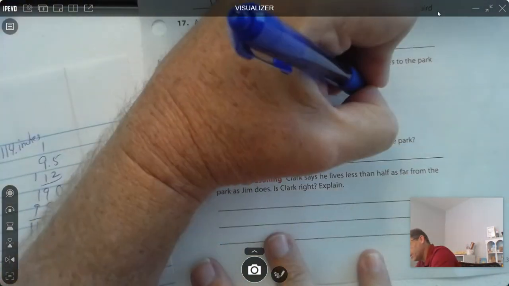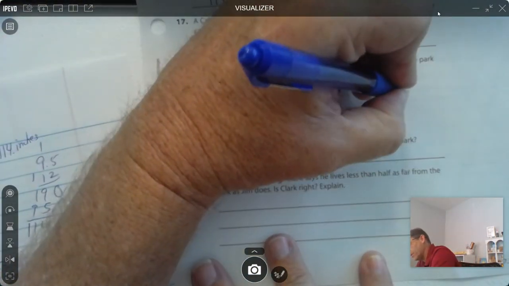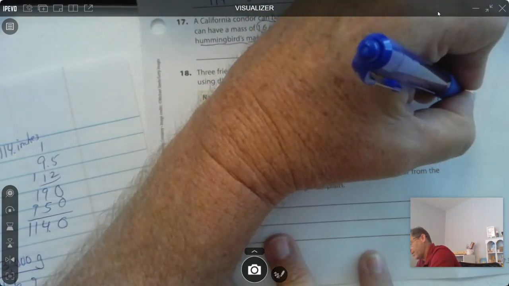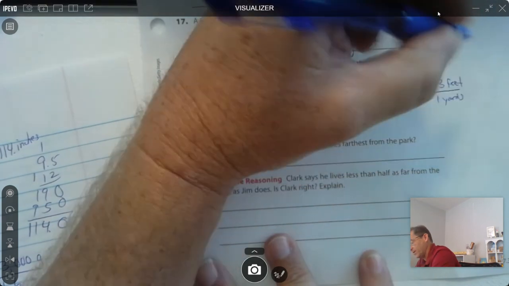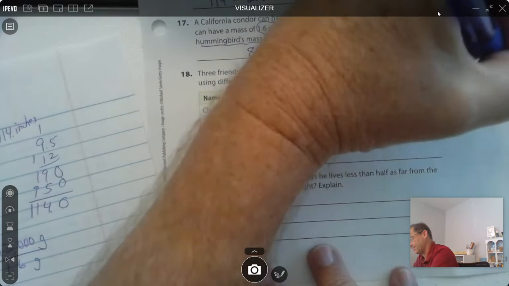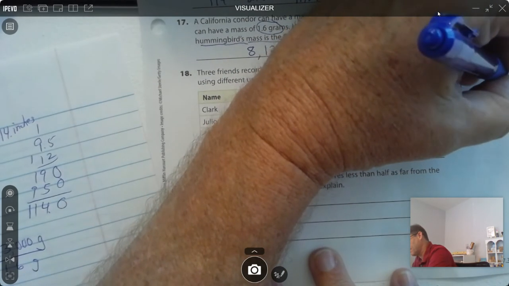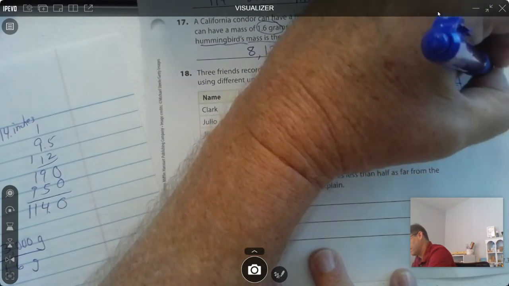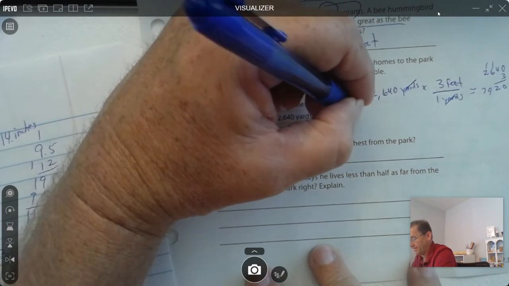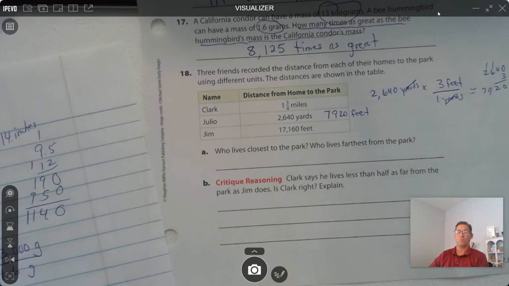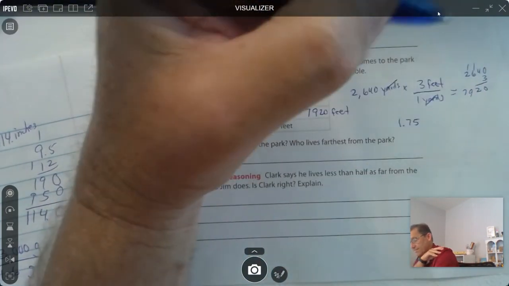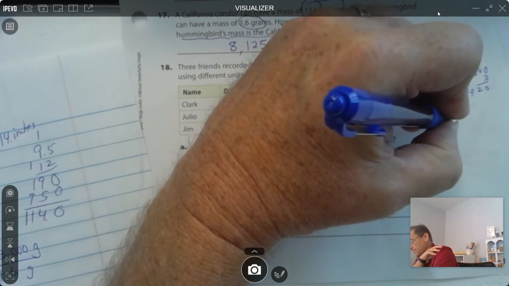Okay, so 2,640 yards. And we know that there are 3 feet in every yard. So 2,640 times 3. So 7,920 feet. And 1 3/4 miles. That's the same as 1.75 miles.